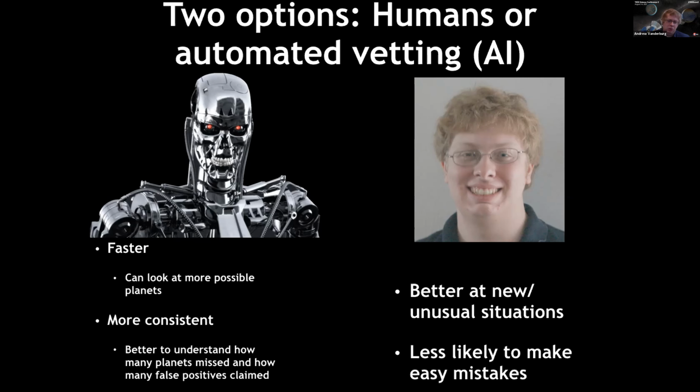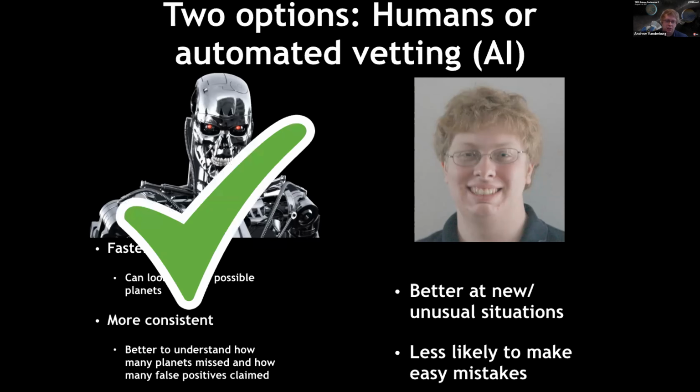And computers are also more consistent. Two different humans on two different days might make a different decision based on what kind of day they're having, when the last time they had coffee was, etc. Computers don't have this issue. So for the prospects of going through all of these signals, especially as we get more and more data from TESS and from other surveys, machine learning and automated vetting seems to be winning out. So that's what I'm going to talk about today.